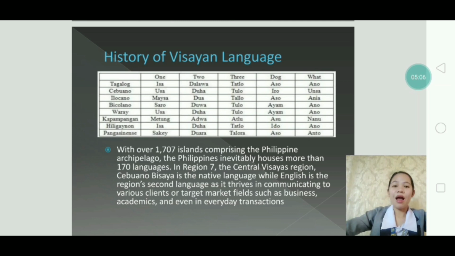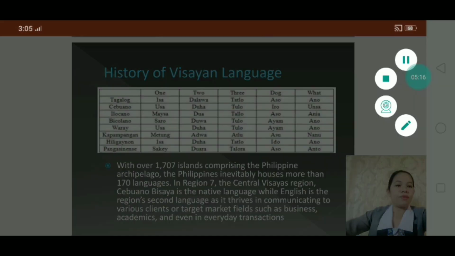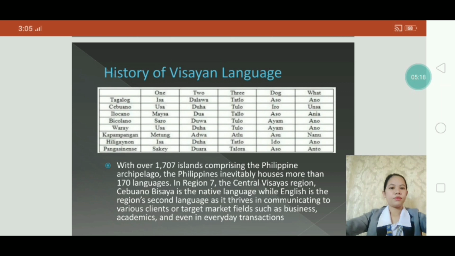Now, let's proceed. With over 7,107 islands comprising the Philippine archipelago, the Philippines inevitably houses more than 170 languages. So, in my high school, there were only 150 languages, but for now, this is updated info.